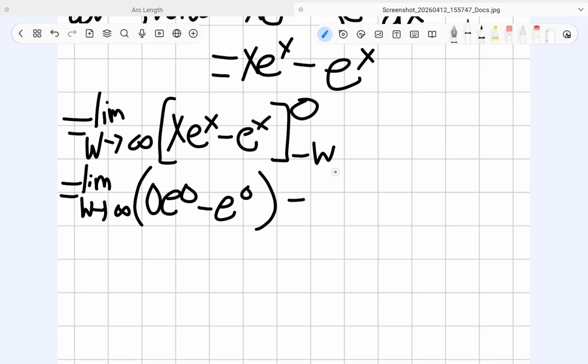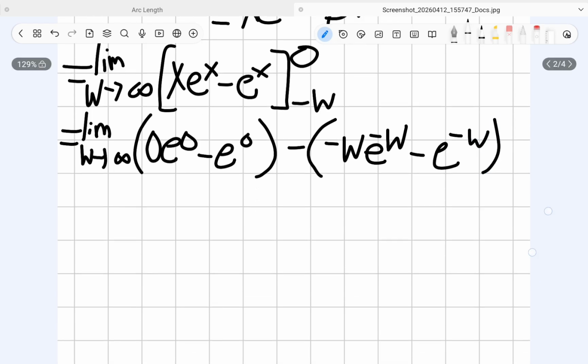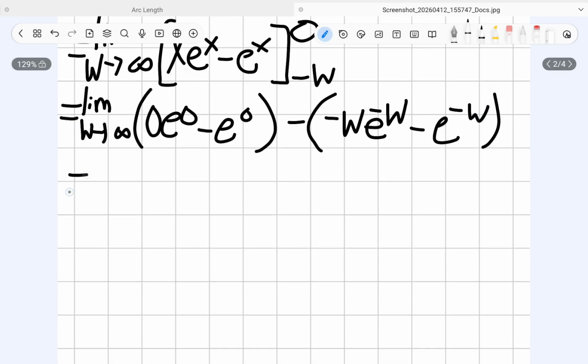Let's subtract it by the lower bracket, which is negative w e to the negative w minus e to the negative w. All right, let's simplify. Limit as w approaches infinity. It's going to be this 0 minus, this is minus 1.